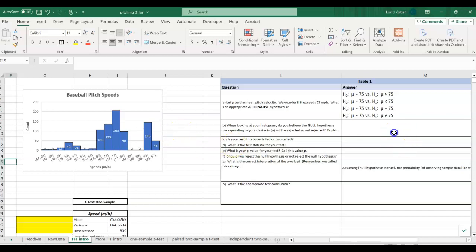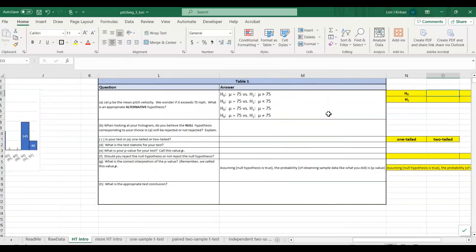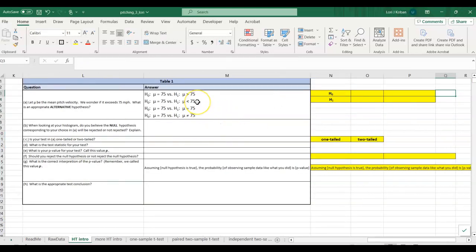Okay, so let's come up here and let's talk about the hypotheses. Hypothesis testing compares 2 different hypotheses. This is called H0, and that is the null hypothesis. And then H1 is the alternative hypothesis.